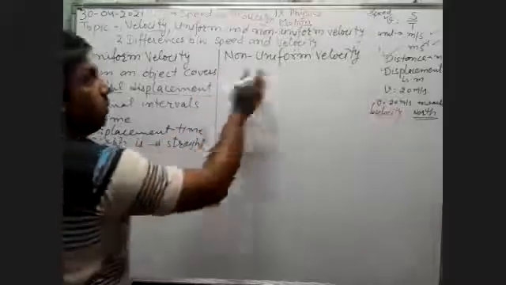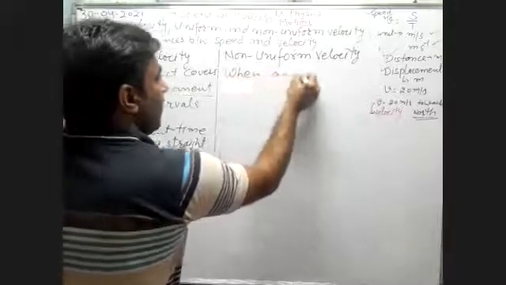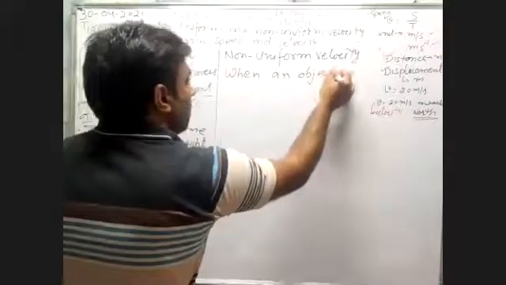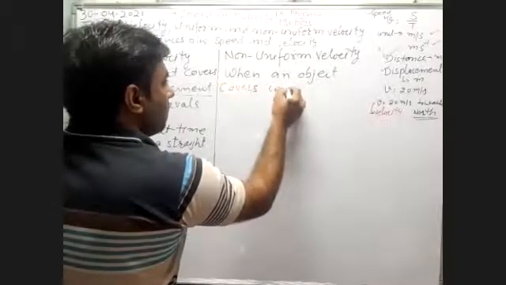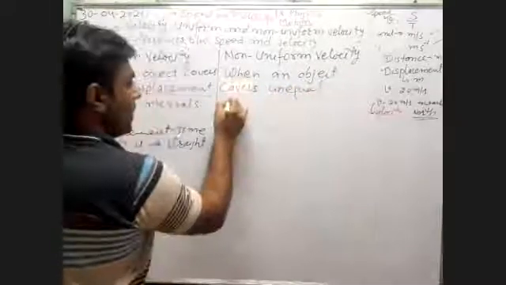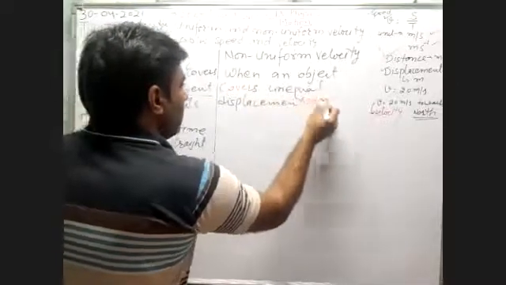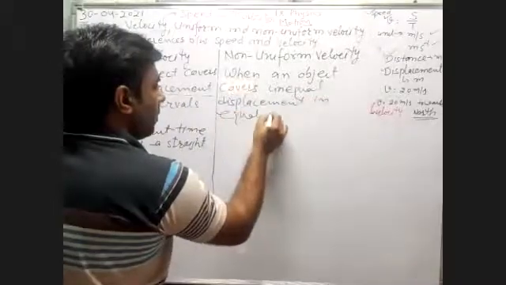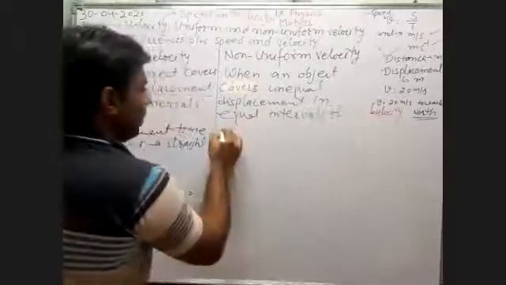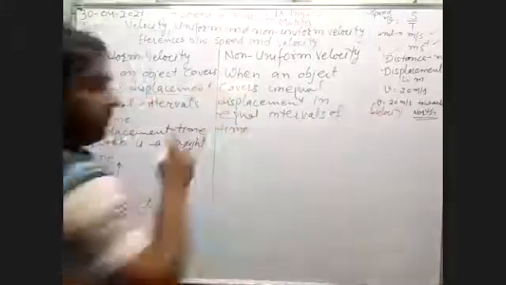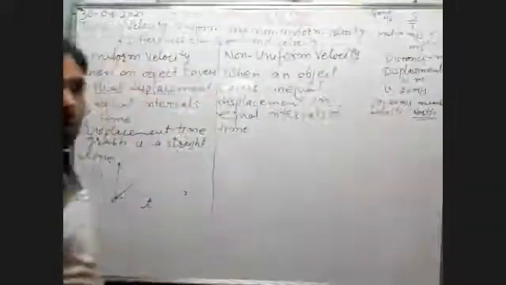Now, what about non-uniform velocity? When an object covers unequal displacement in equal intervals of time, or equal displacement in unequal intervals of time, or unequal displacement in unequal intervals of time, that velocity is known as non-uniform velocity.